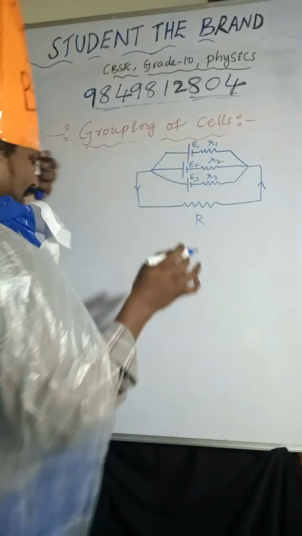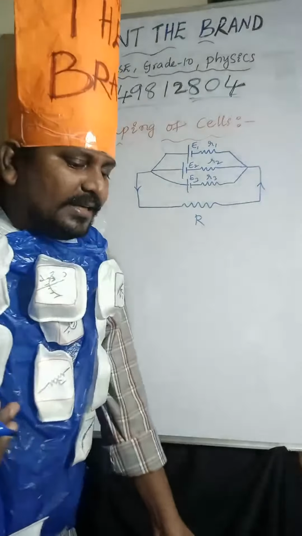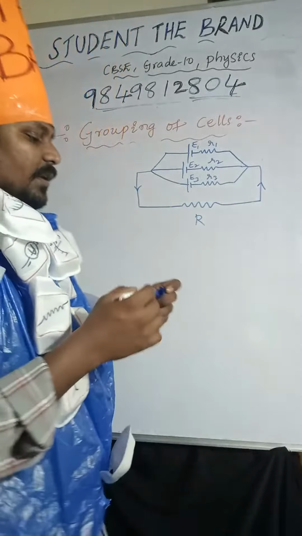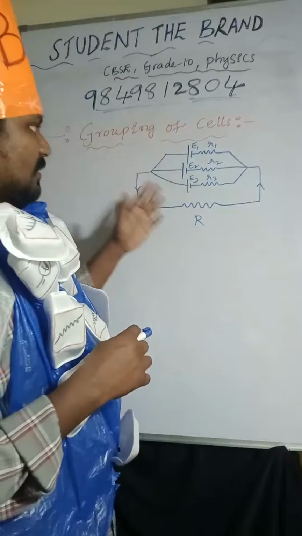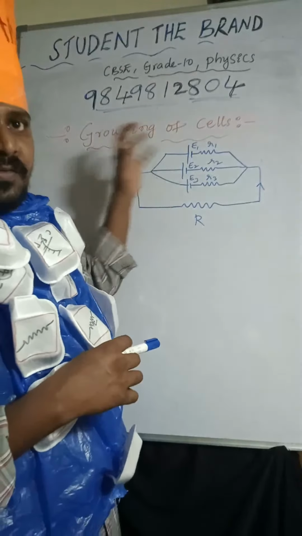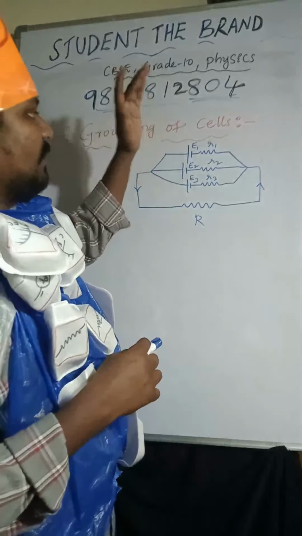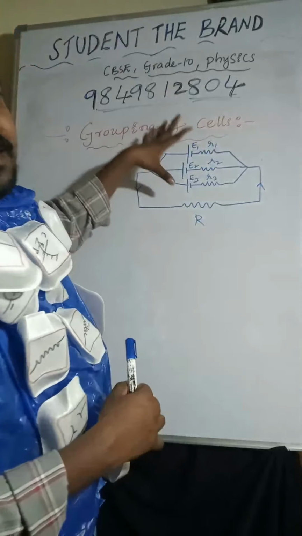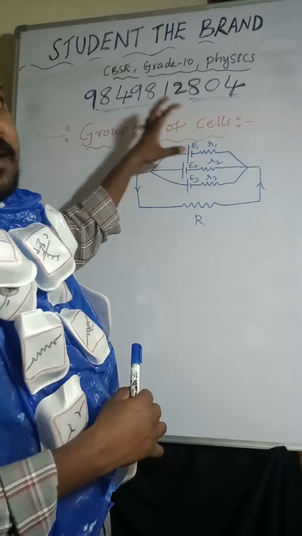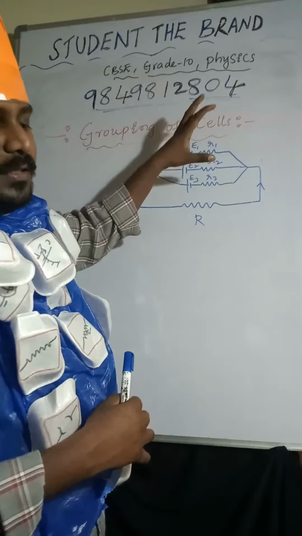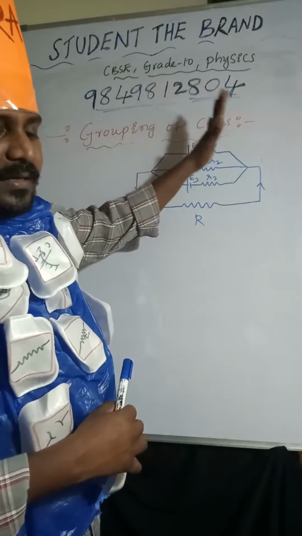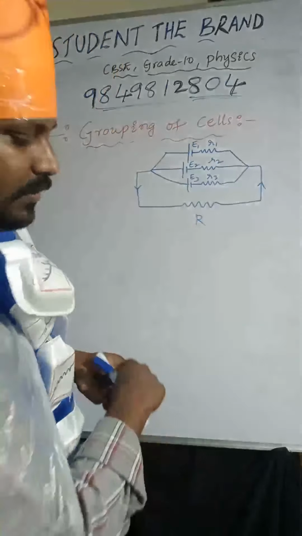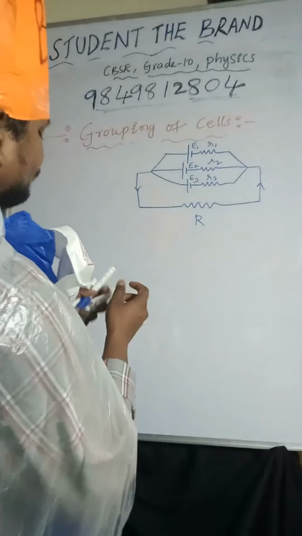And one more thing, even though the cells have different EMF and different internal resistance, all cells' positive terminals are connected to one point and all negative terminals are connected to another point. Okay, now you can observe here.